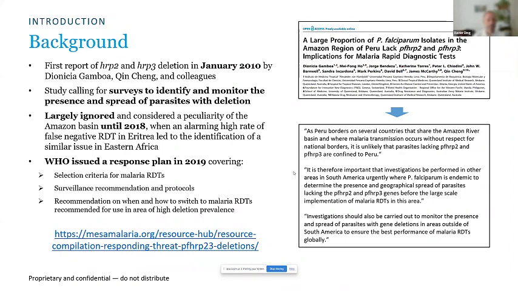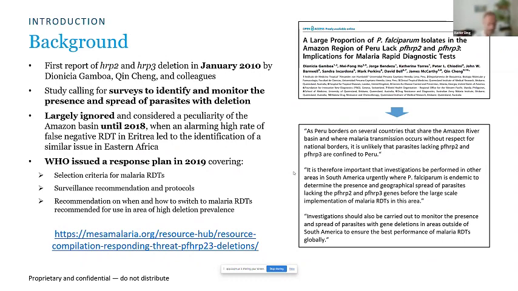That led WHO to issue a comprehensive response plan back in 2019, covering recommendations not only about which RDT to use in such areas, but also how to do surveillance, defining a recommended protocol, which we'll talk about, and when and how to switch RDTs if you're facing such an issue.